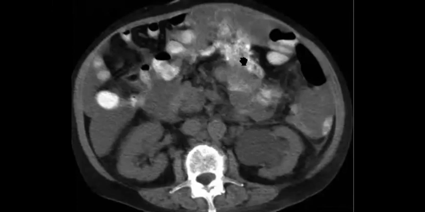Yes, the omental cakes become more progressive, the ascites more progressive. There is left hydronephrosis. There are some lymph node metastases. Yes. So it becomes a full picture.